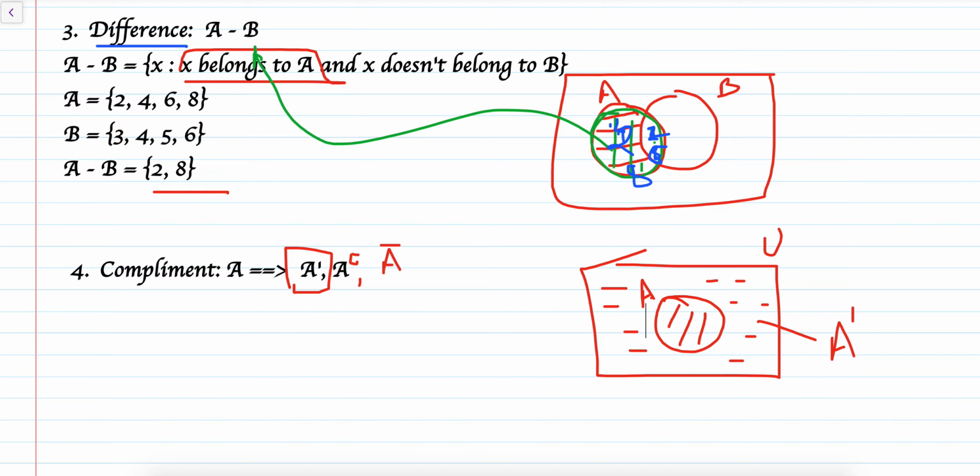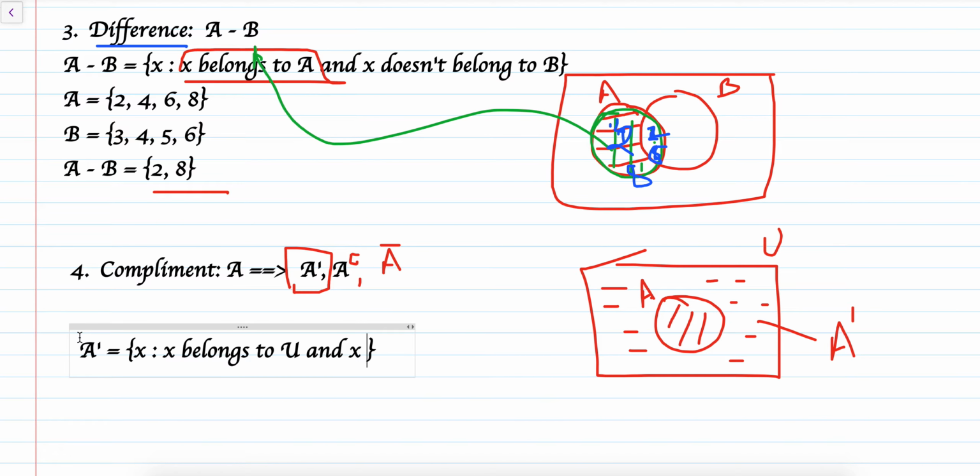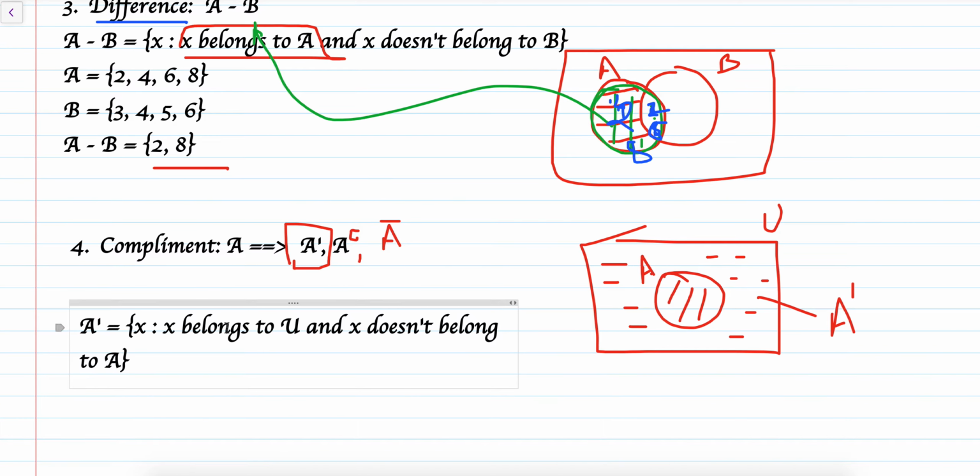So we can give some formal definition. So A complement is the set of elements X such that X belongs to U and X doesn't belong to A. So all the elements which are in U excluding the elements of A. So this will give the complement.